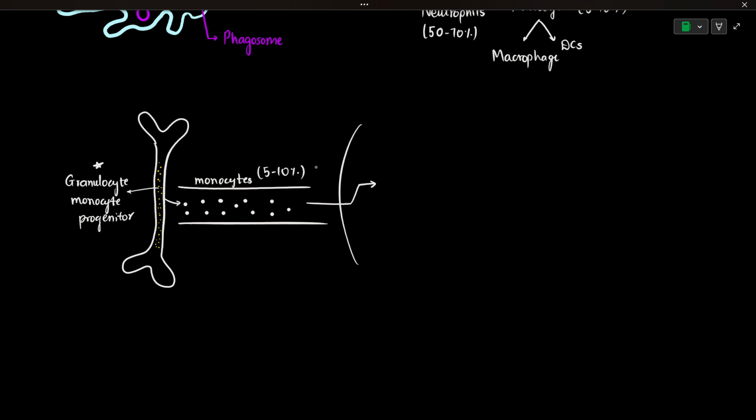Either those monocytes can get differentiated to form macrophages, or they can get differentiated to form dendritic cells. Okay, so the maturation of those monocytes, or the formation of macrophages or the dendritic cells, will be seen in the peripheral tissue.